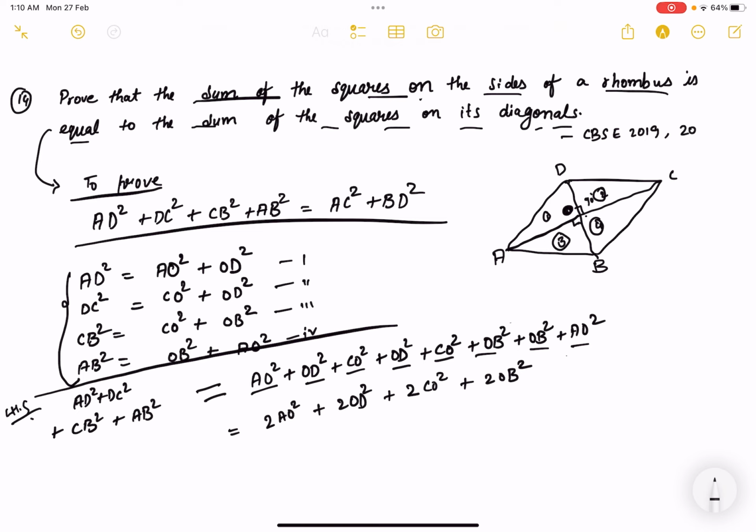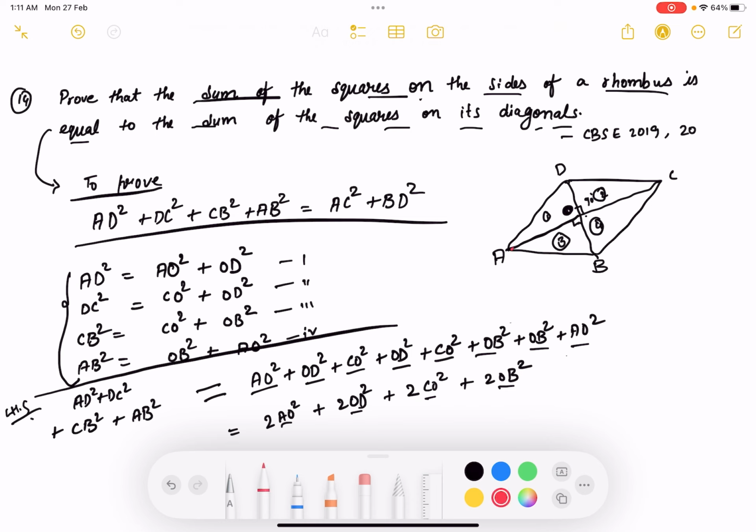We don't want AO, OD, CO and OB in our final expression, so we are going to substitute all these. As this is a rhombus, AO is equal to OC, and similarly DO is equal to OB.